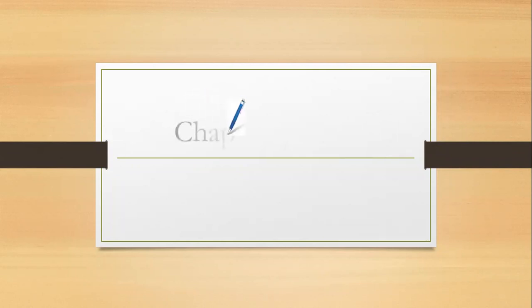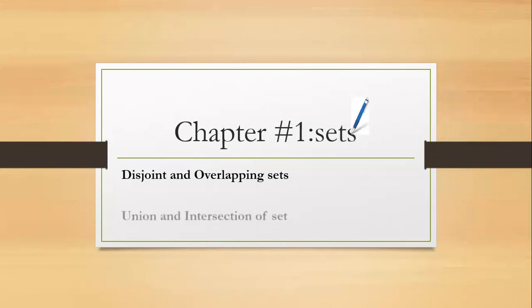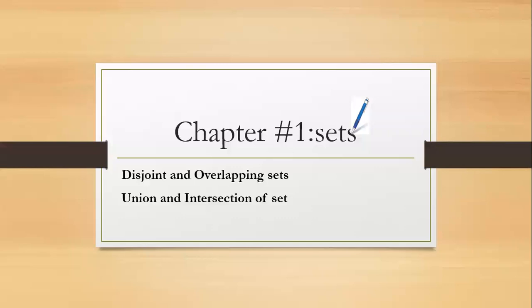So in the last session, we were discussing chapter number 1, sets, and we discussed disjoint and overlapping sets, and union and intersection of sets. In disjoint sets, there is no element in common, and overlapping means sets having some elements in common.